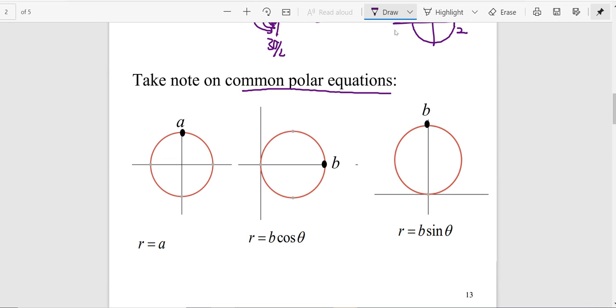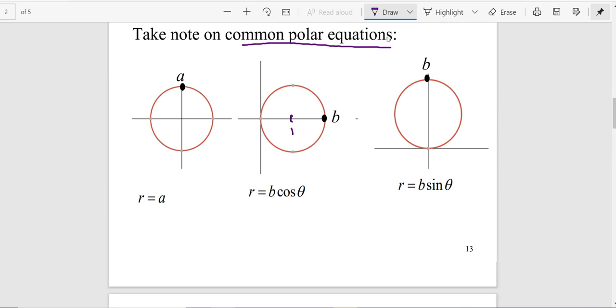Let's say this one has its center at 1, so the equation for this circle is x minus 1 squared plus y squared equal to 1, because if we set this one as 1, this one is 2.